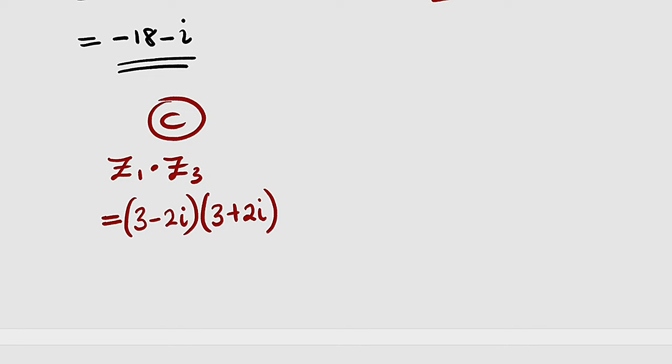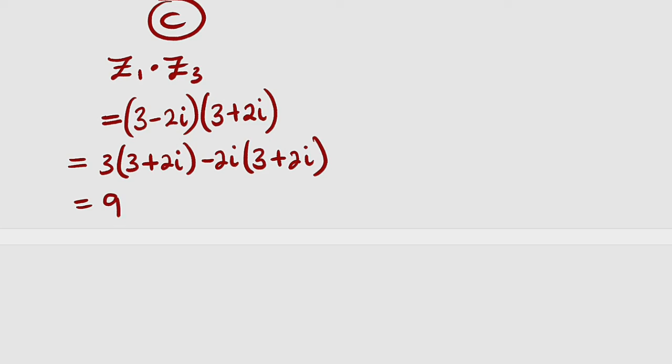So now you should know that if you multiply conjugates, you're going to arrive at a real number. And let's prove it. This is equal to 3 multiplied by 3 plus 2i, then minus 2i multiplied by 3 plus 2i.